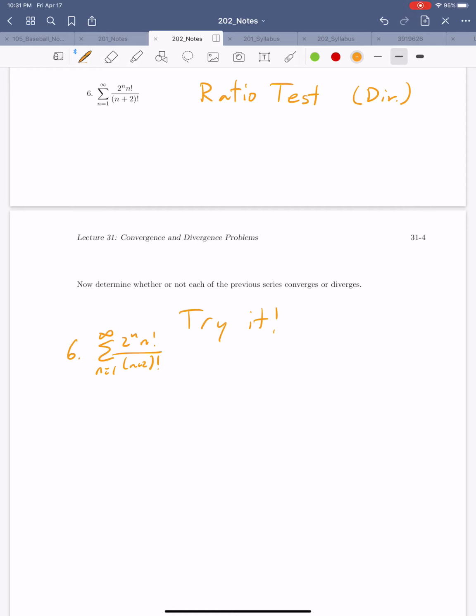First of all, note that this equals the sum from 1 to infinity of 2 to the n times n factorial, and then this is a little bit clever here, times n plus 2 times n plus 1 times n factorial. So what that means is we can cleverly cancel out that n factorial. And now I think we can see that we should use the ratio test.